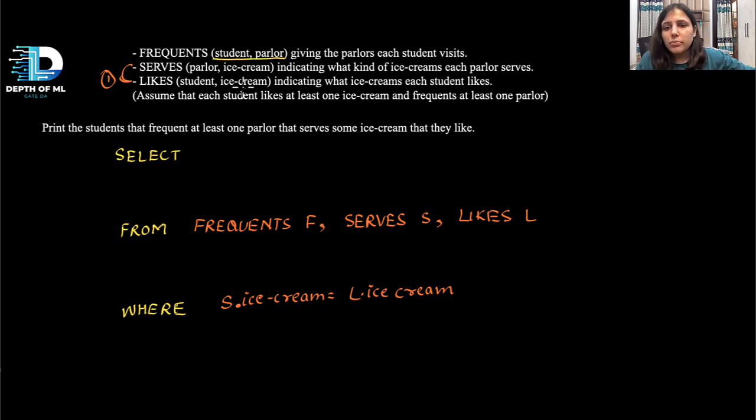Okay. Now I have to find the information about the visits of the student. So which student visits which parlor, right? That information is there in the frequent table. So we'll have to join the serves table with the frequent table. So we have to do S dot student is equal to F dot student, right?